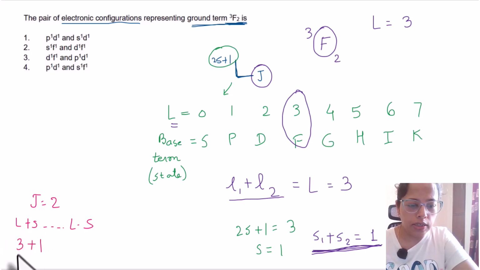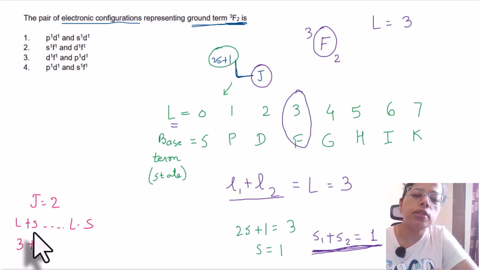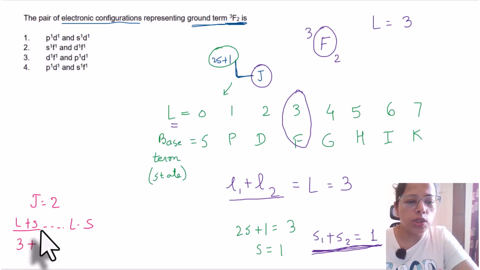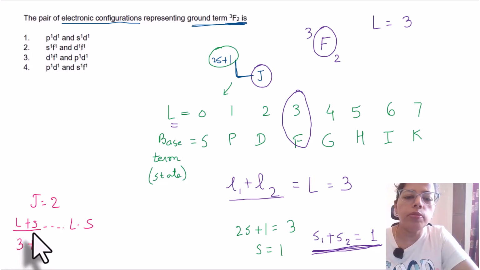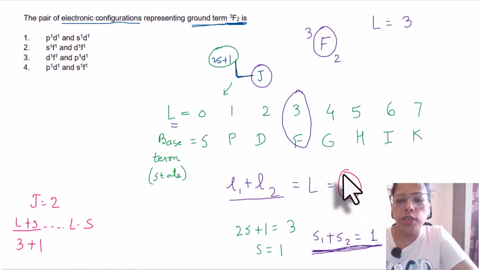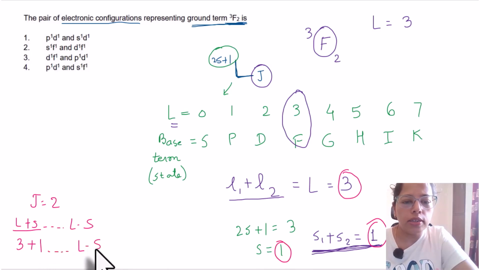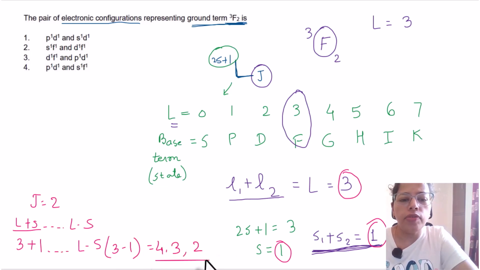L is the total orbital angular momentum quantum number and S is the total spin quantum number. So total L is 3 and total S is 1. So L plus S to L minus S, that is 3 minus 1, comes out to be 4, 3 and 2. So we have three values for J, which are 4, 3 and 2.